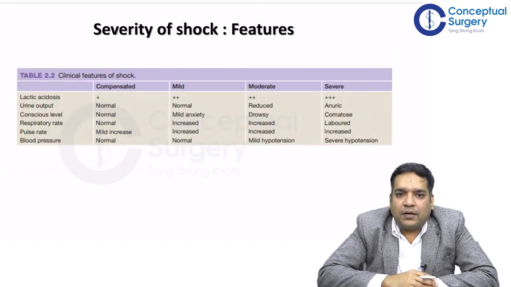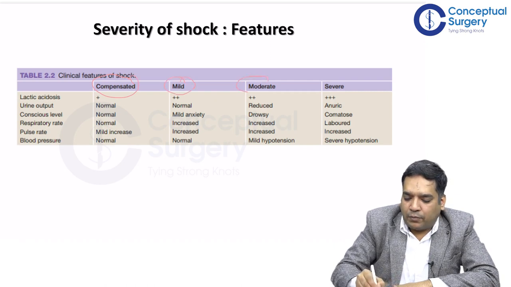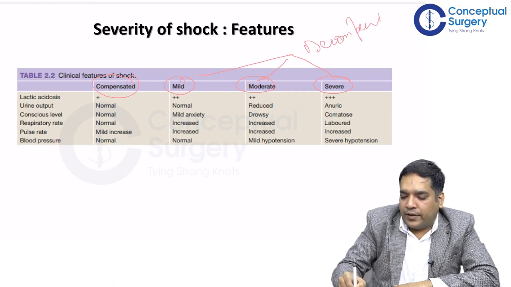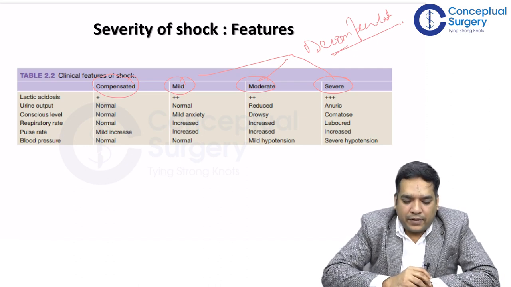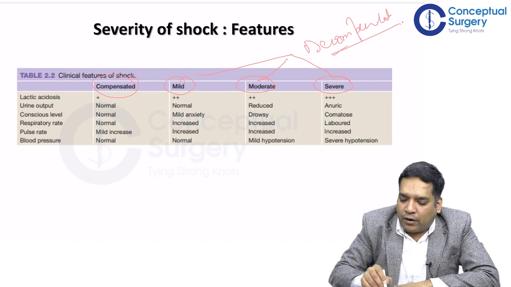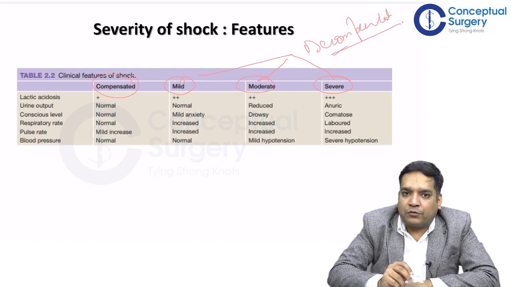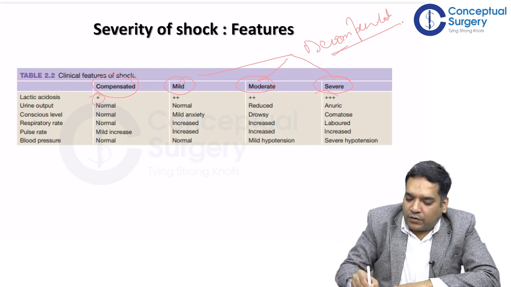So this is a table taken from Bailey. It describes all types of shock, compensated and decompensated. Mild, moderate and severe shock are kinds of decompensated shock. Here is the comparison of various parameters: biochemical, respiratory and CVS parameters. It is seen that lactic acidosis is present in all four types of shock, but it is less in compensated and more in the severe form of shock.